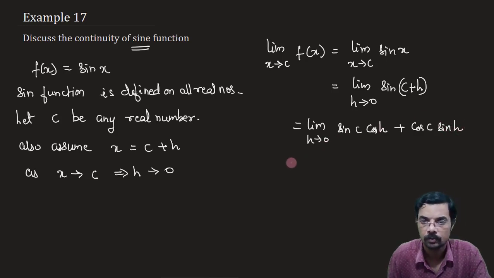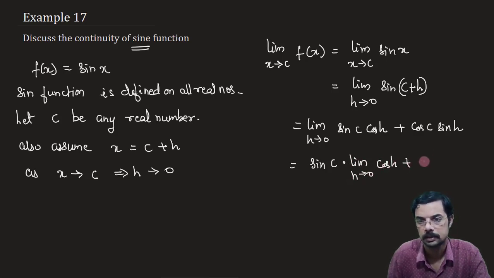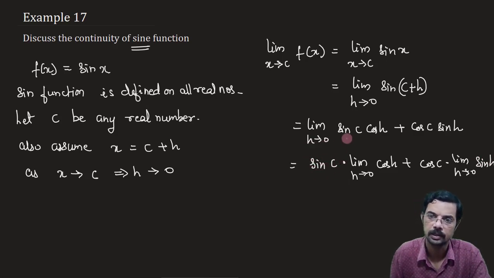Now this will be equal to sine of c into limit h tends to 0 of cos of h, plus cos of c into limit h tends to 0 of sine of h. Here sine of c and cos of c are constant quantities, not dependent on h, and therefore come out of the limit.